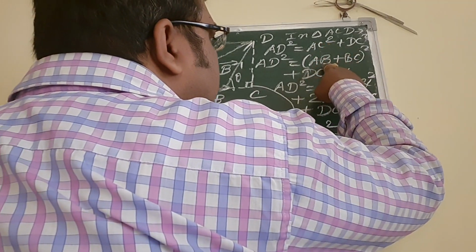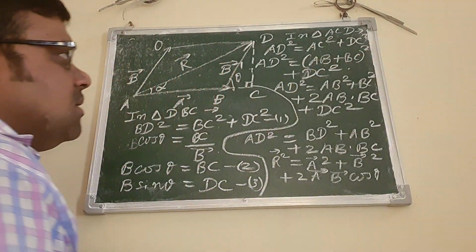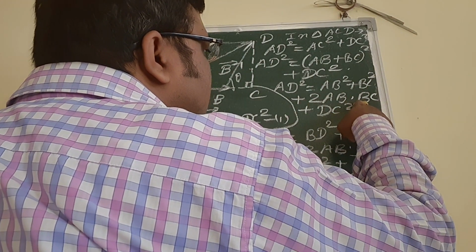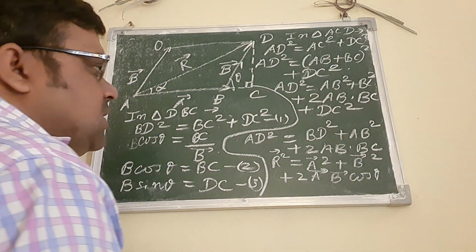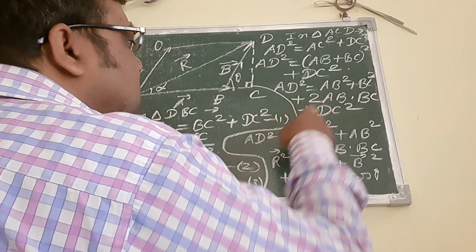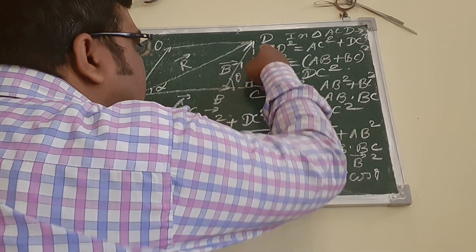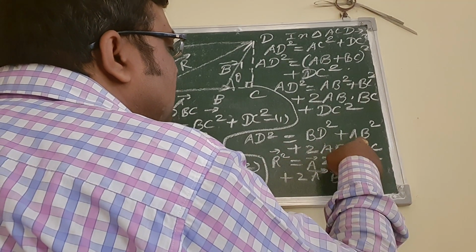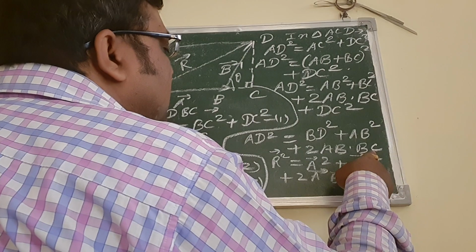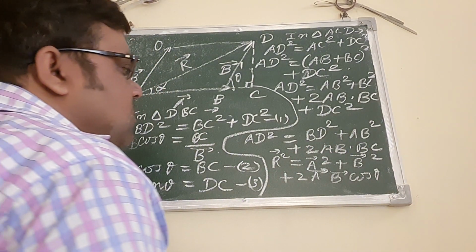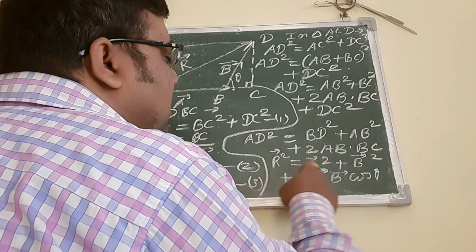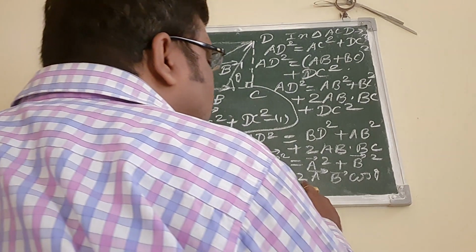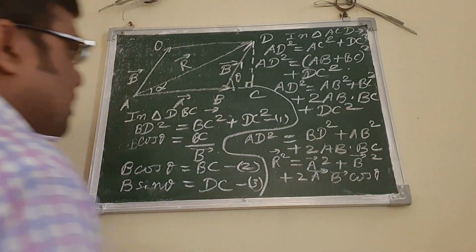So in place of AC, you can write AB plus BC, whole square. Expanding it, AD square is equal to AB square plus BC square plus 2AB into BC plus DC square. So now substituting the value of BC square and DC square, it is BD square. So AD square is equal to BD square plus AB square plus 2AB into BC. Writing it in terms of vector, R vector square is equal to A vector square plus B vector square plus 2 times A vector into B vector into cos theta.